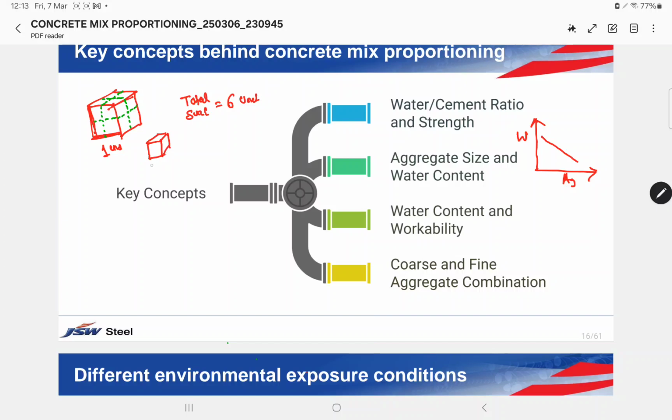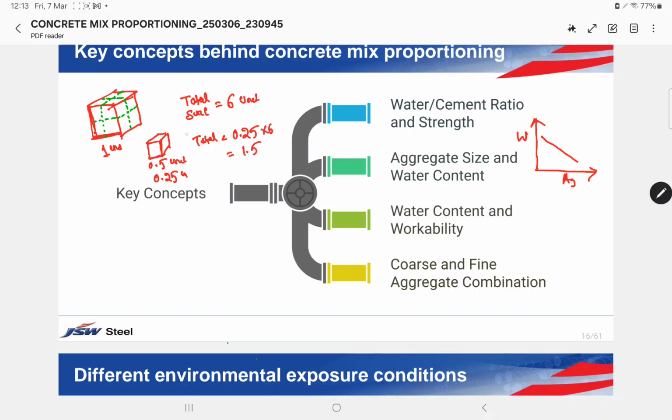Now the size of each edge becomes 0.5 units, so my area becomes 0.5 into 0.5, 0.25 square units. It has 6 faces, so for a single small cube, the total area becomes 0.25 into 6, 1.5.